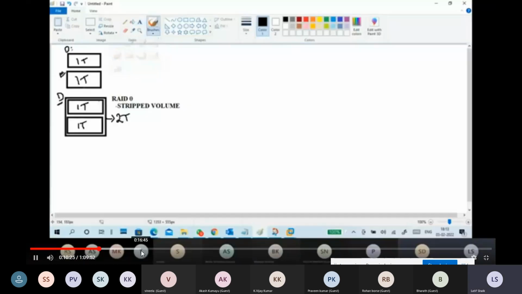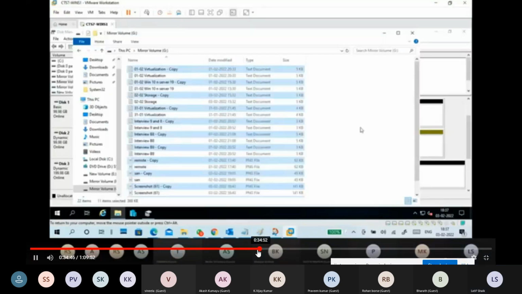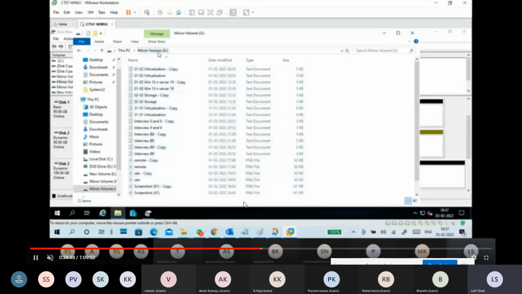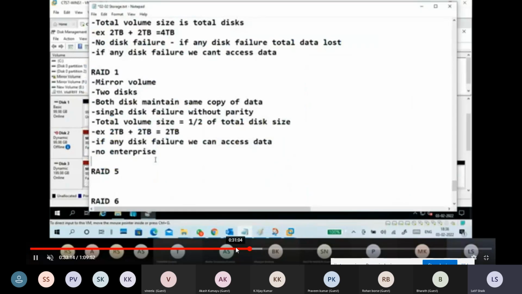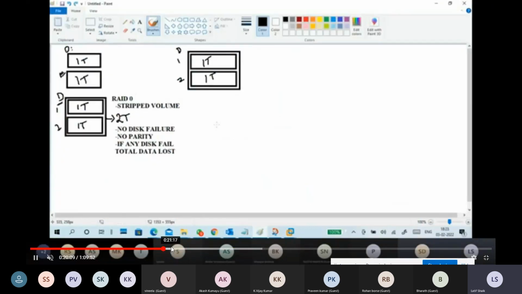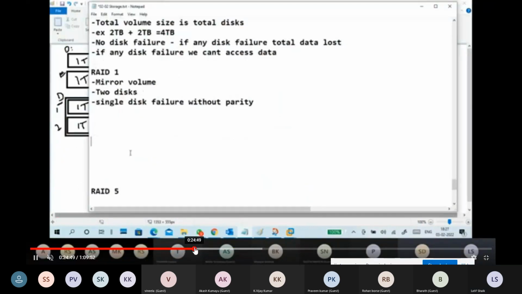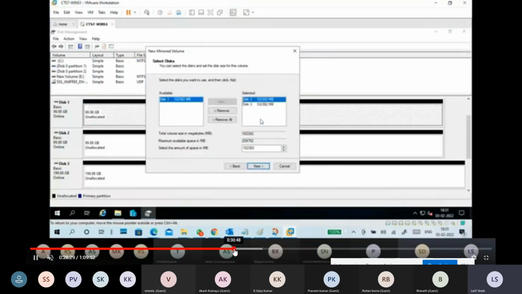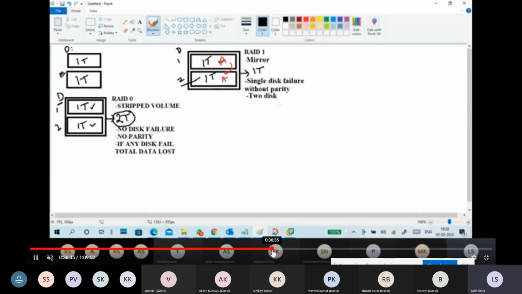So this one is to combine. See, here it is. I started in a Windows server. I added multiple disks in Windows server, and I showed how to do this kind of stuff.